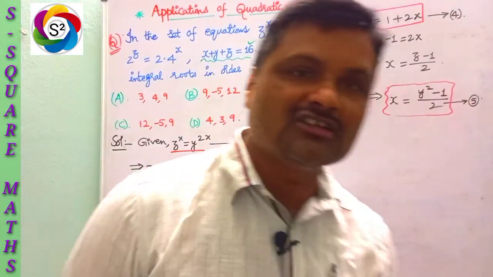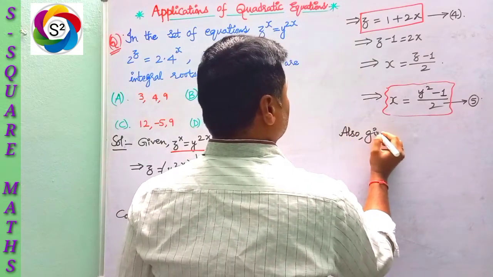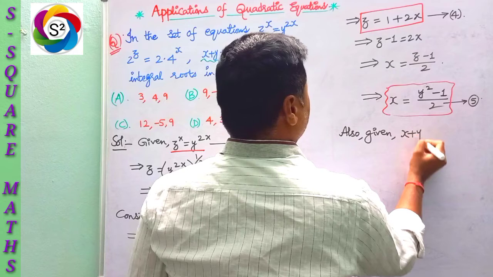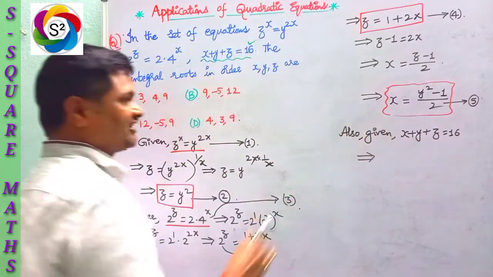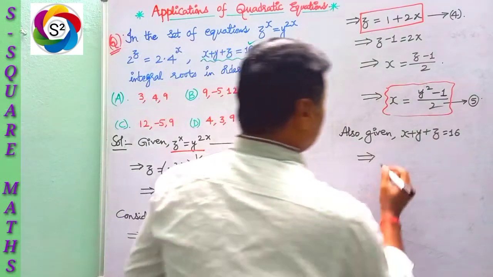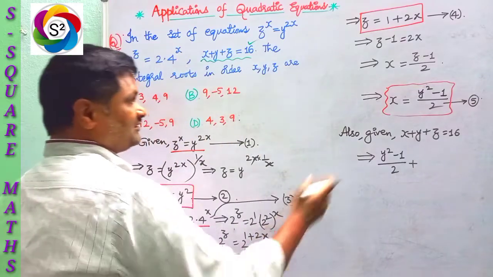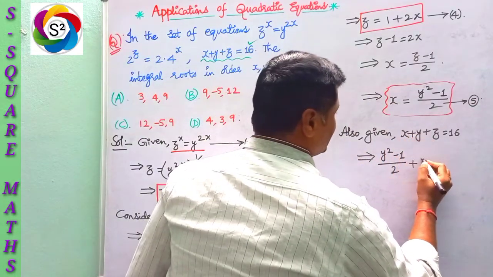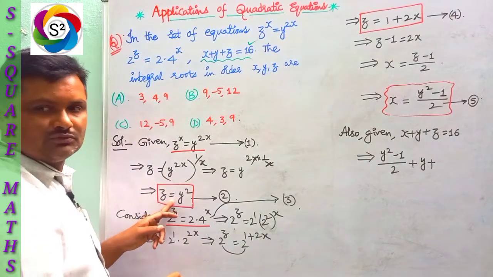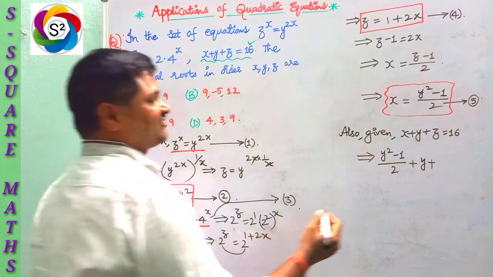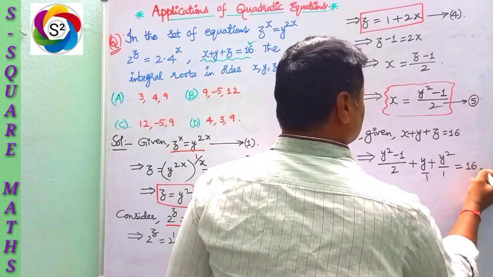So consider our main equation, also given, x plus y plus z is equal to 16. What is my x value here? y square minus 1 by 2, plus y itself, plus z, which from equation 2 is y square, so y square by 1, is equal to 16.